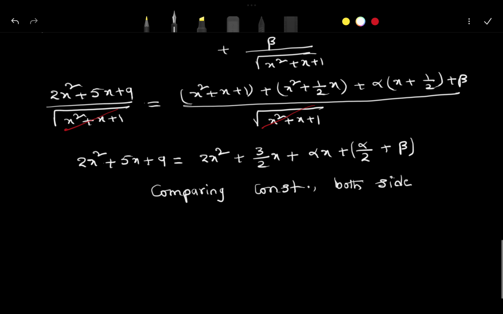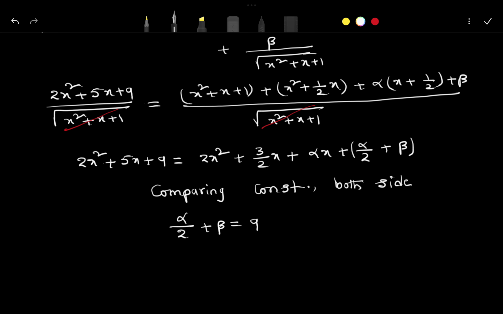You have α/2 + β is equal to, this value is 9.